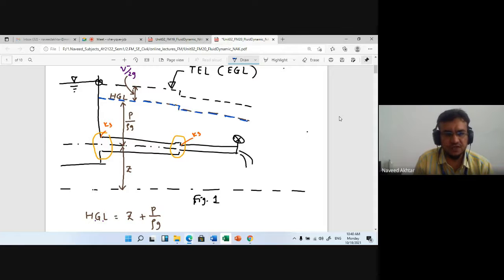So what is the pressure head here? It is nothing but the distance between the center of the pipe to the HGL, and that is your pressure head, P upon rho G.